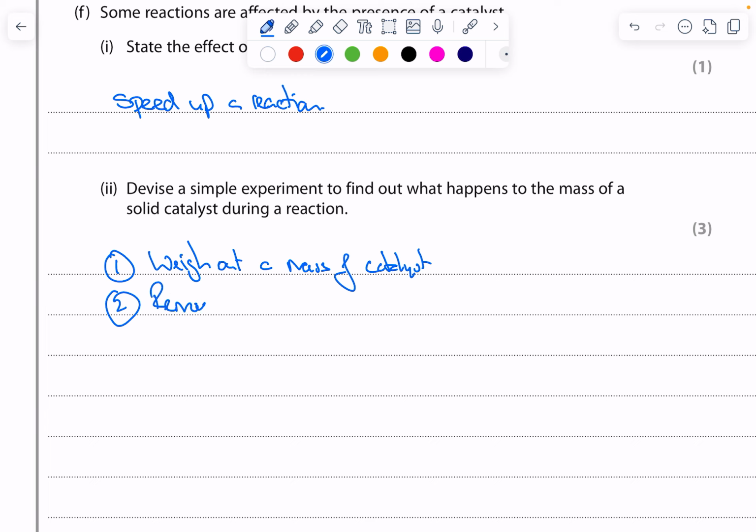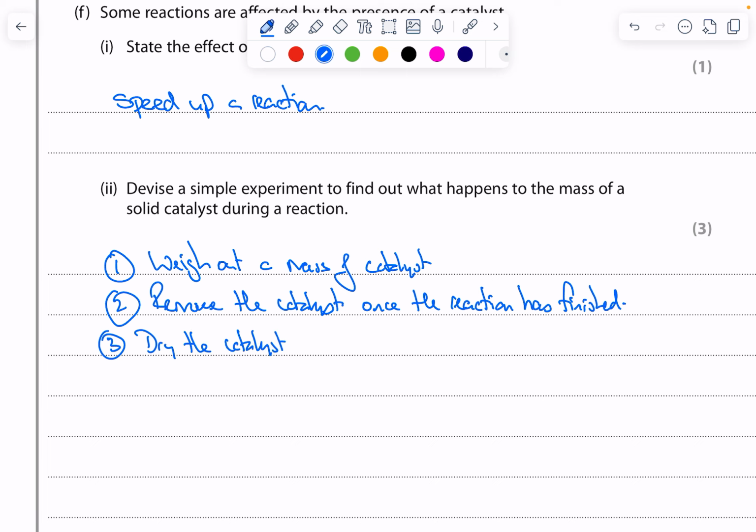So here we would remove the catalyst once the reaction has finished, and before you weigh it, you would dry it. So we put in here, dry the catalyst, and you would then reweigh it. Okay, and you can compare the mass before and afterwards, and the mass, remember, should be the same.